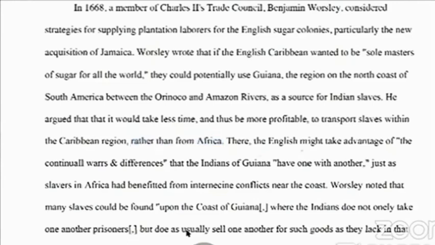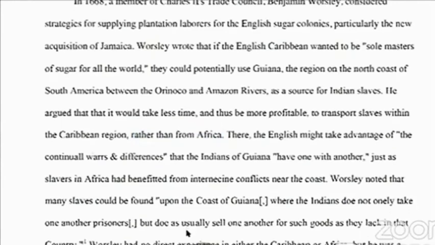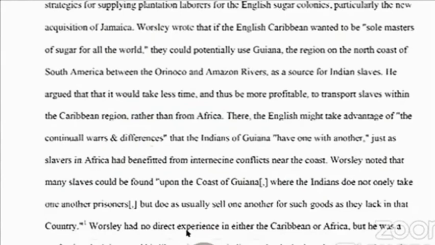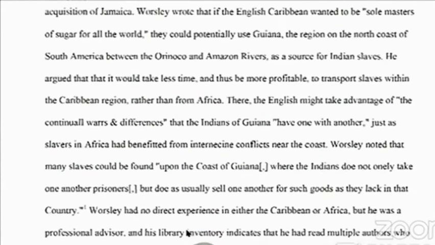There, the English might take advantage of the continual wars and differences that the Indians of Guyana had with one another, just as slavers in Africa had benefited from internecine conflicts near the coast.